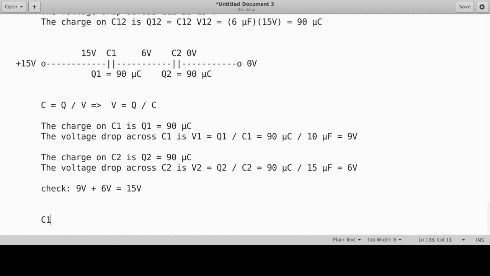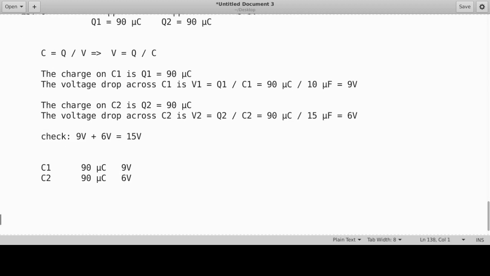Like C1: it was 90 microcoulombs, and the voltage drop was 9 volts. And then we can have C2 here, and it was also 90 microcoulombs, but 6 volts.